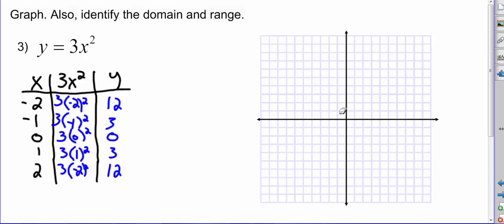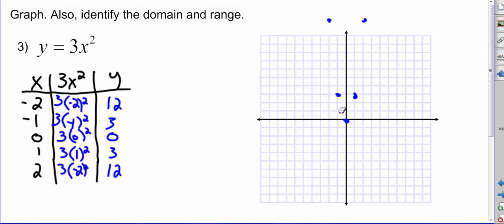Now we can plug those points onto our graph. We've got -2 and 12, which is going to be right up here. We've got -1 and 3, so that's going to be right about there. We've got 0, 0, or the origin. We have 1, 3, and we have 2, 12.